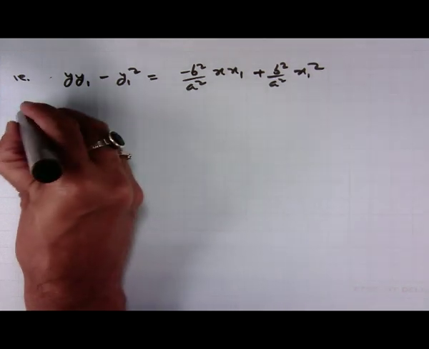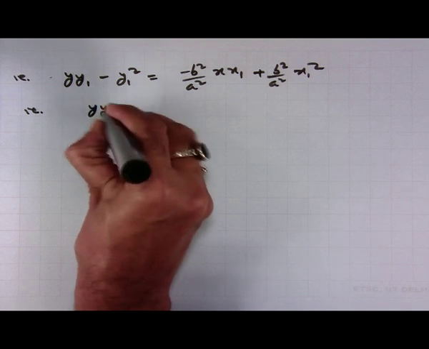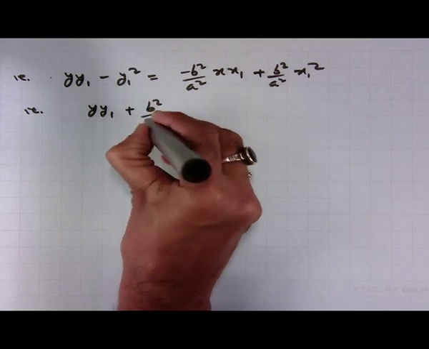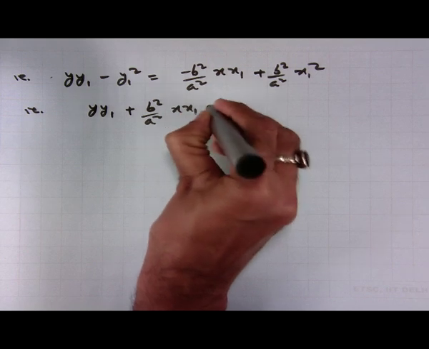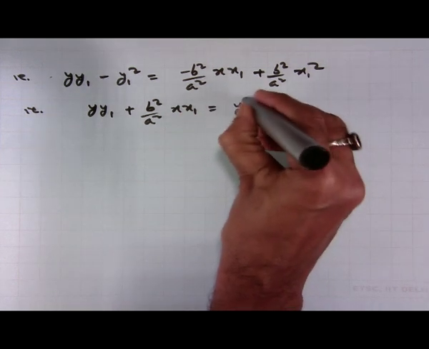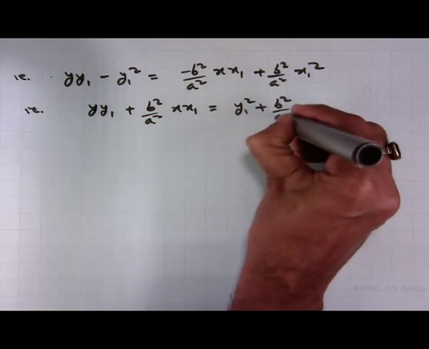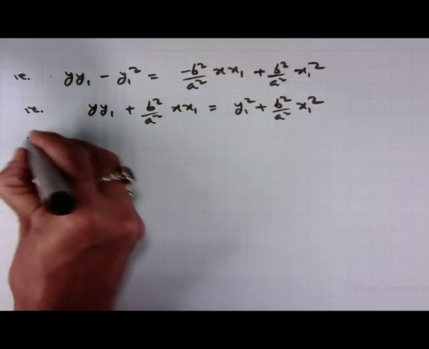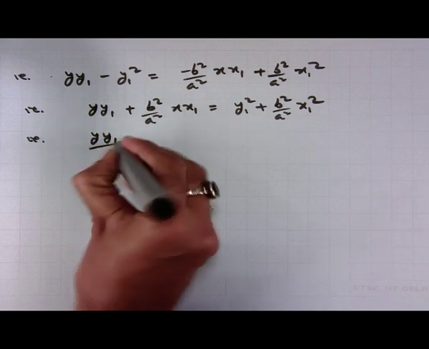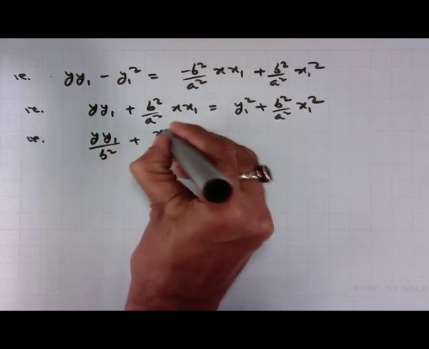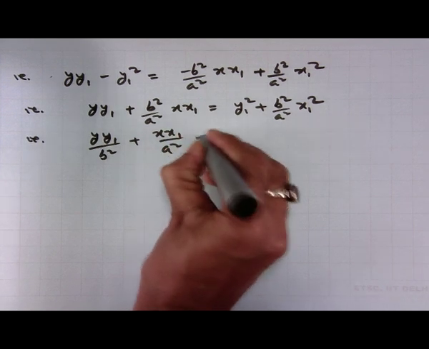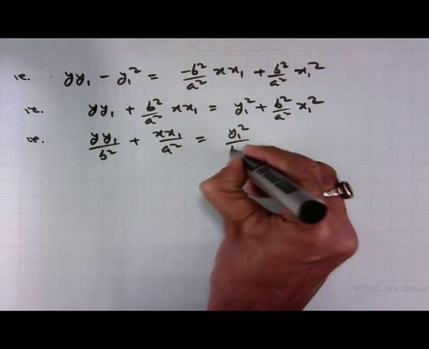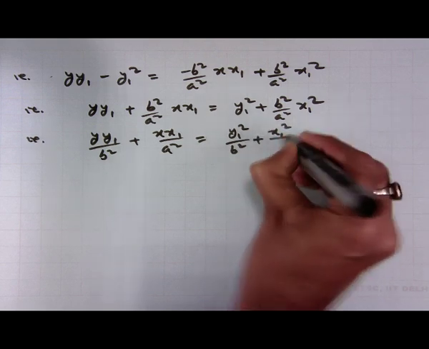So, this gives y1 plus b square by a square x1 equal to y1 square plus b square by a square x1 square, which is the same thing as writing y1 by b square plus x1 by a square equal to y1 square by b square plus x1 square by a square.